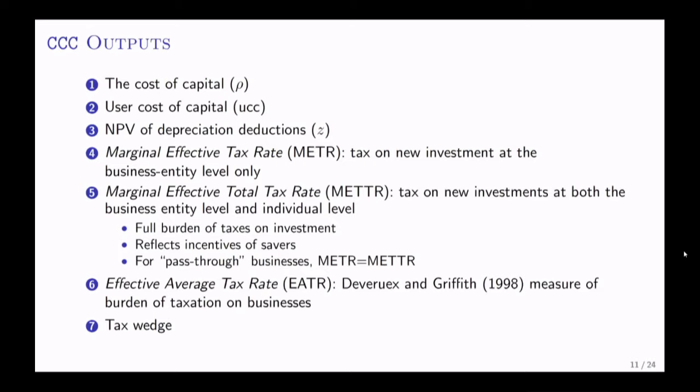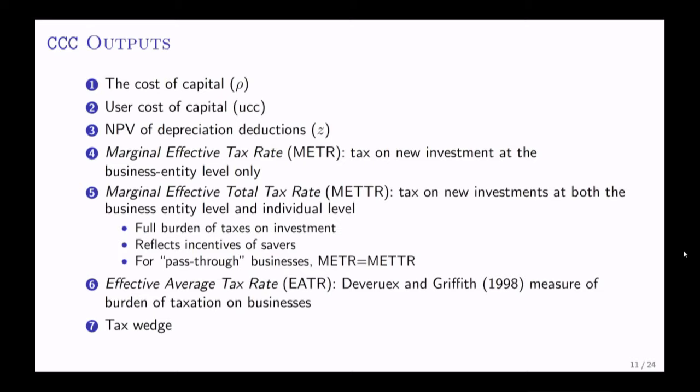One is to compute that at the business entity level. Another is to account for not just taxes at the business entity level, but to account for those individual income taxes. So in that way, you're getting a measure of the full burden of the tax system on new investments. The calculator also computes the average burden in computing the effective average tax rate on these investments.